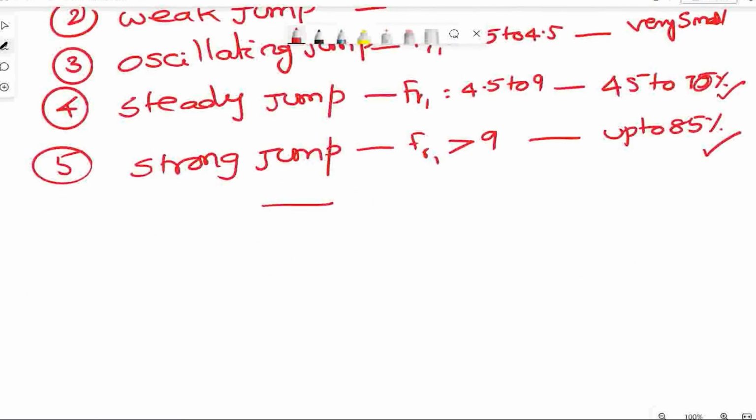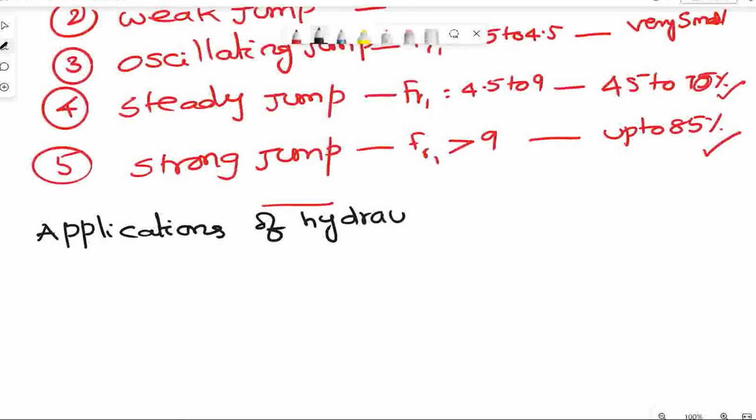Once this is over, one important small question is, what are the applications of hydraulic jump? This is the next thing we need to know. Naturally it has many practical applications.